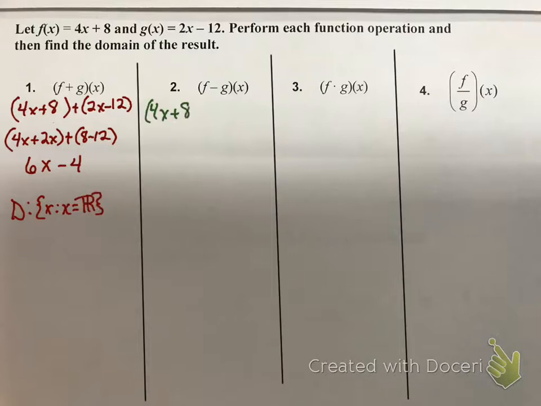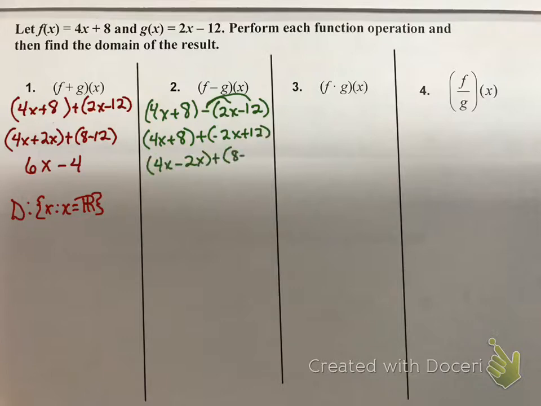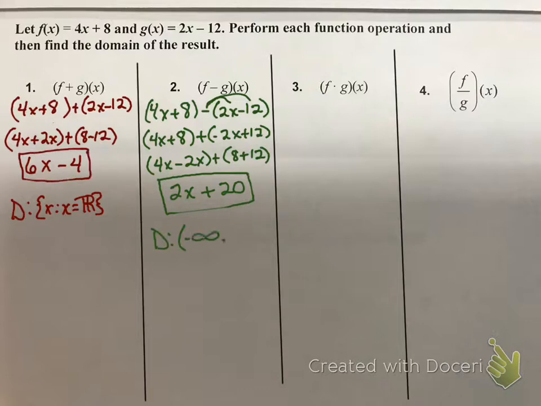Then I've got 4x plus 8 minus 2x minus 12. Distribute that negative. That gives you negative 2x plus 12. Combine like terms. That gives you 2x plus 20. The domain is all real numbers. I actually made some pretty good infinity symbols on this one.